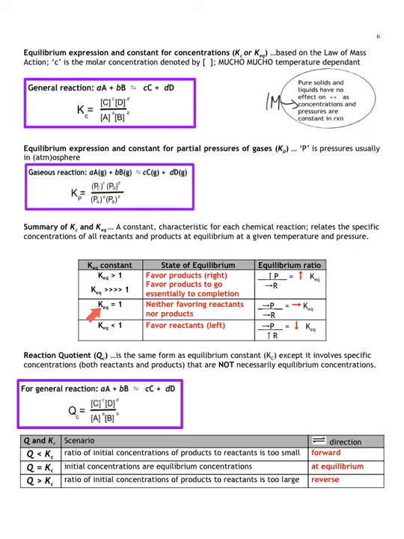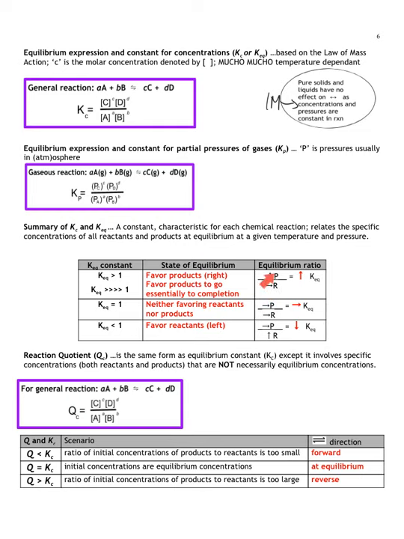Now we get into understanding the relationship of what K is in terms of its ratio. If you have a Keq that's really big, that means at equilibrium you favor the products. It makes sense, because for you to have a big Keq, you have a lot of products compared to reactants.